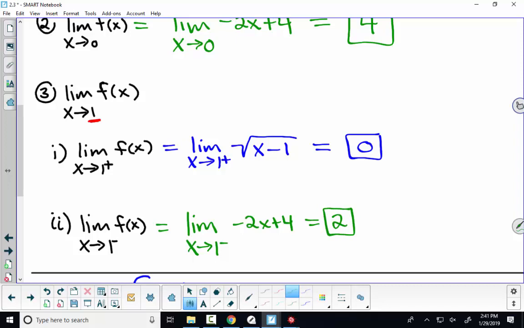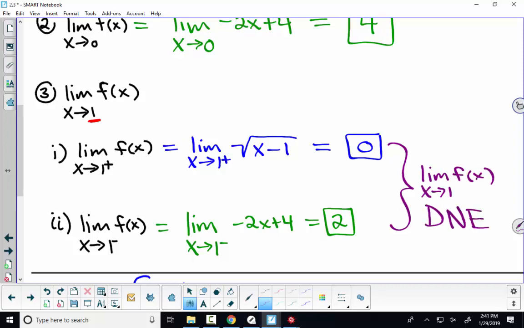Okay, so then what do we know about the two-sided limit, the limit as x approaches 1 on this function? Right, it does not exist. So both of these tell us that the limit as x approaches 1 from both sides does not exist. So this limit, we'll write it here again, this limit doesn't exist.